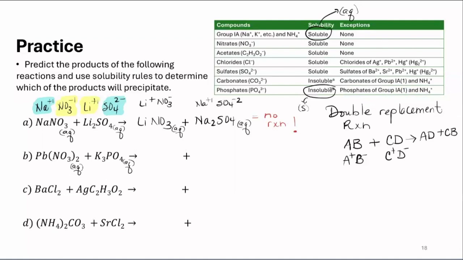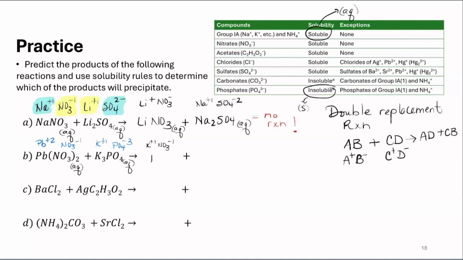The ions that make those two compounds are the following. For the first one is lead-2 and NO3 minus 1. For the next one is K1, so potassium plus 1, and then phosphate is minus 3. So the products of the reaction are going to be as follows. The first compound is going to be K plus 1, NO3 minus 1.